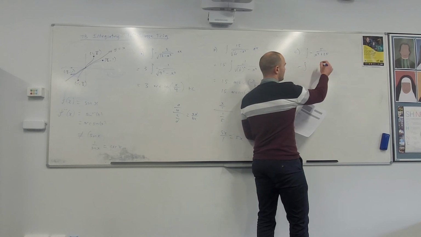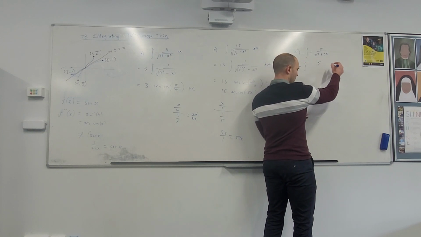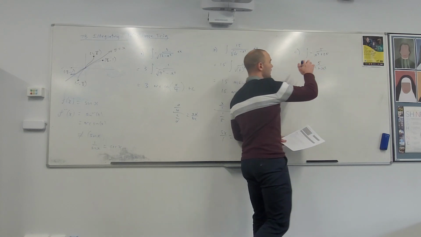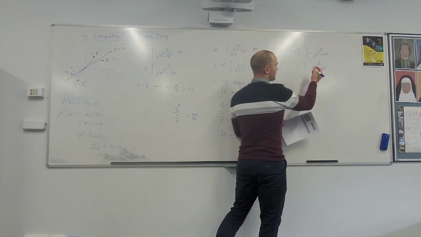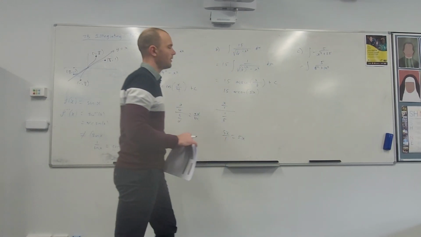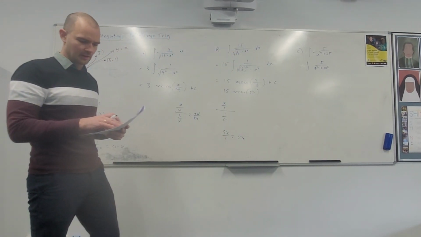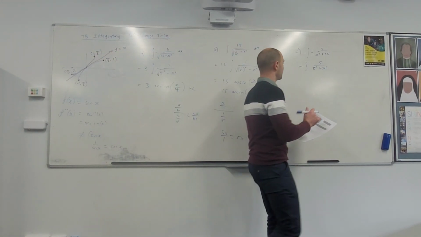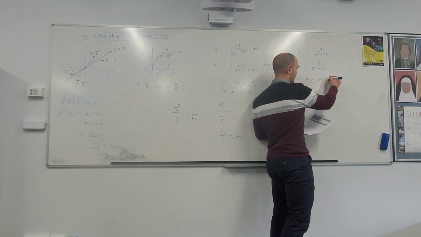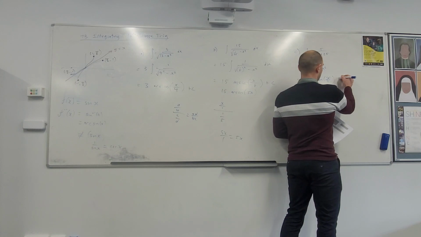So if I pull that negative out the front, we have 5 on top of 5 squared plus x squared. We can rearrange the order of that. 25 plus x squared is the same as x squared plus 25, so that doesn't matter. Now we can see it lines up exactly with that form. So this will integrate to negative arctan of x on 5 plus c.